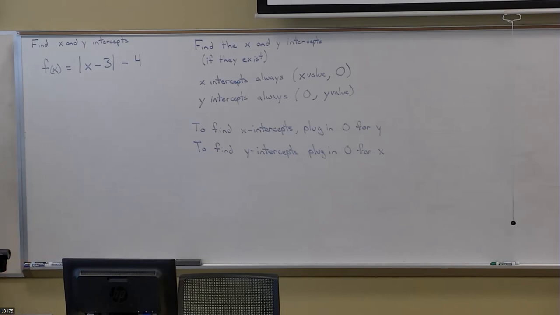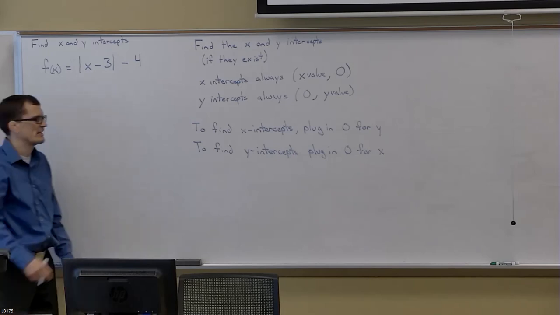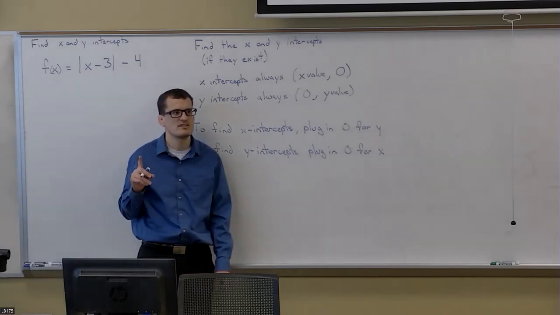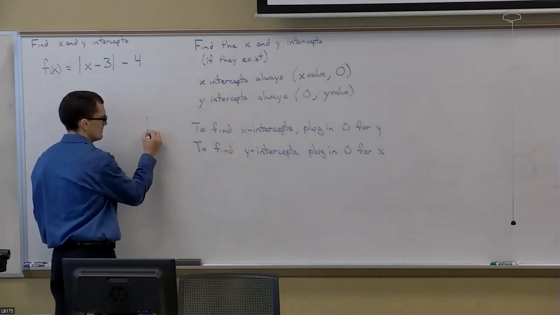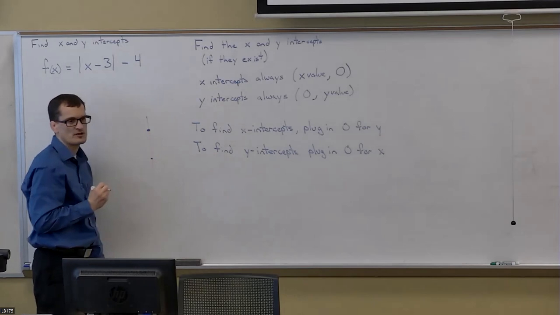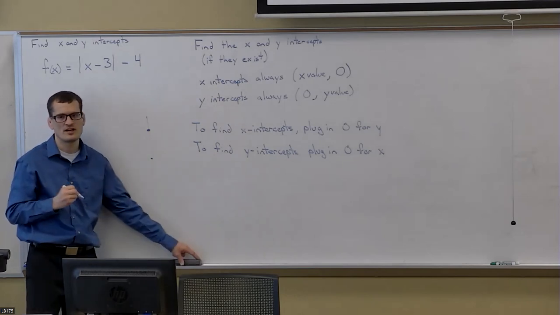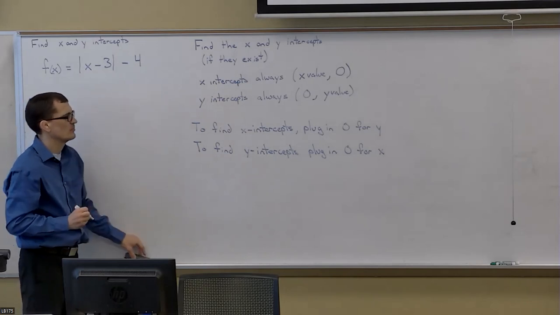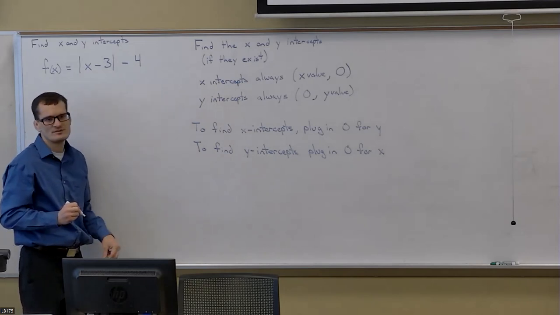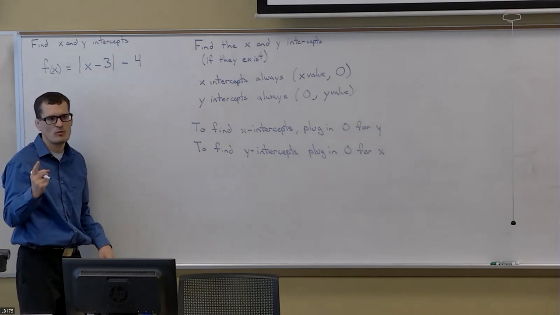I'll find the y-intercept first. Now, by the way, all functions can only have one y-intercept, because if you have two y-intercepts, then you failed the vertical line test. You're not a function anymore. So when I say y-intercepts, technically you can only find one if it's a function.